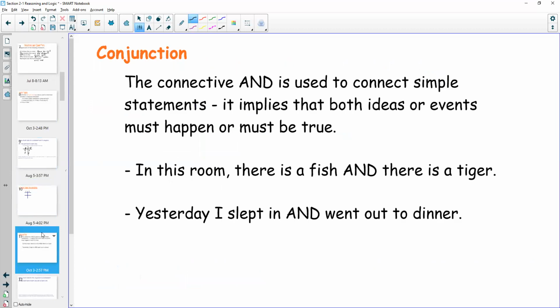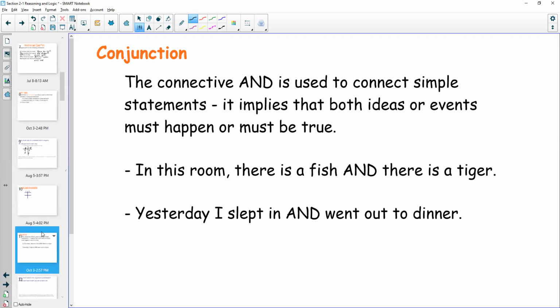The next operation we're going to talk about is called a conjunction. It is the word "and." It implies that both ideas or events must be true or must happen. So if I say to you, in my kitchen, there's a fish and there's a tiger. Well, if you come into my kitchen and there's only a fish and not a tiger, I lied to you.